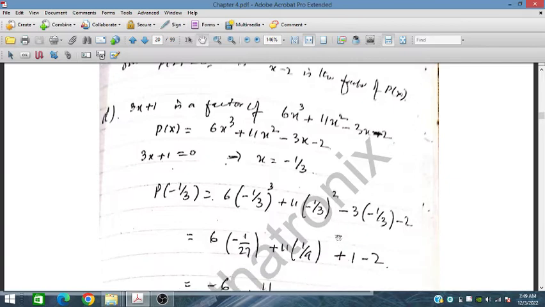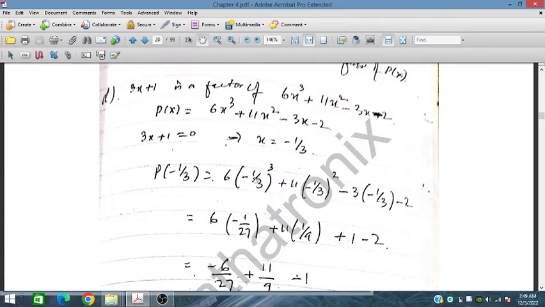And now we'll simplify. Minus to the power 3 is minus 1 upon 27. This is power square, so minus minus becomes plus, so 1 over 9. And this 3 will cancel with this one. So plus 1, and then minus 2.